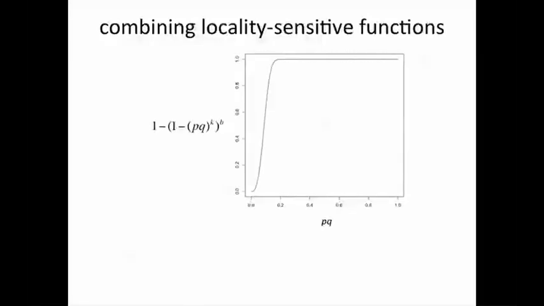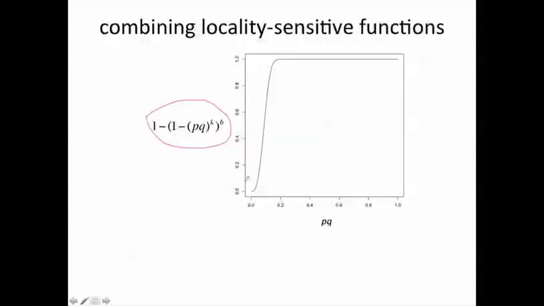The power of locality-sensitive hashing is closely related to the behavior of this particular function, 1 minus (1 minus something to the power k), raised to the power b, and then again subtracted from 1.